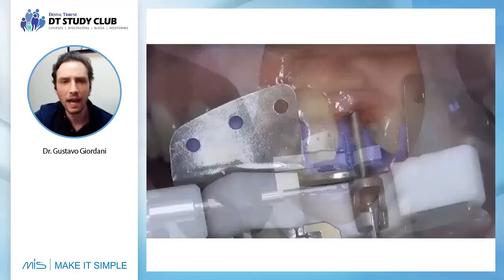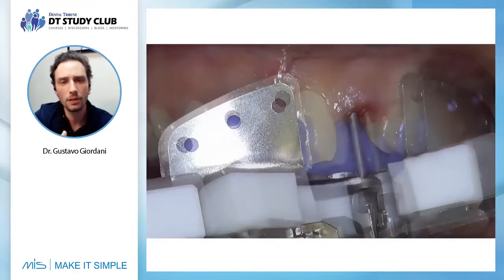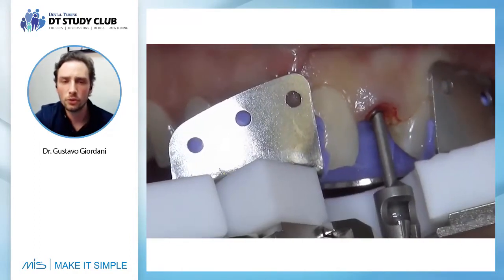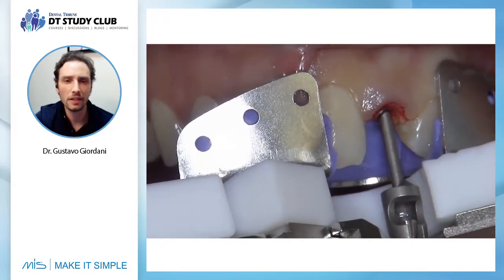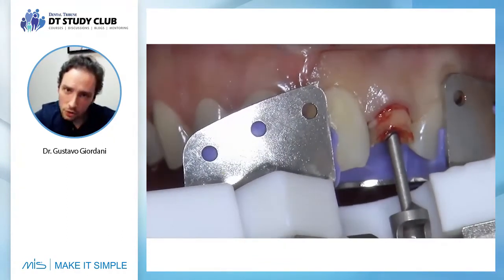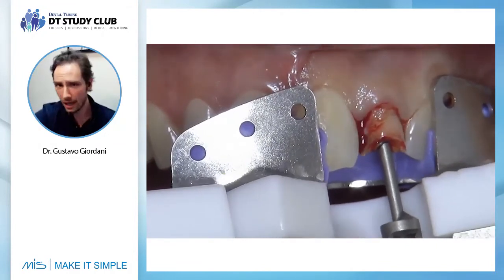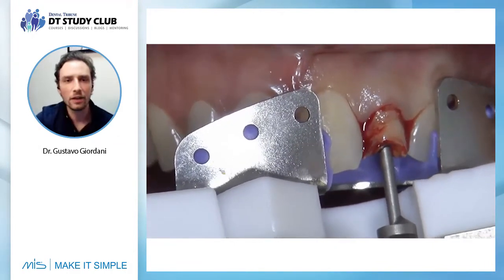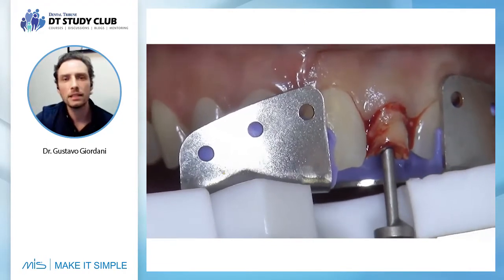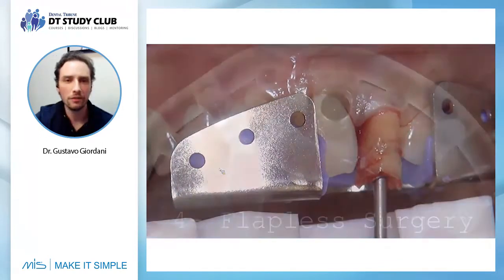Because when you don't have enough room to take your root with the forceps, it's really not easy to extract a tooth in a minimally invasive way. By using this device, it's very easy to apply a vertical force on top of your tooth, and then you extract in a very gentle way. But this is the most important thing: try to extract in a minimally invasive way.